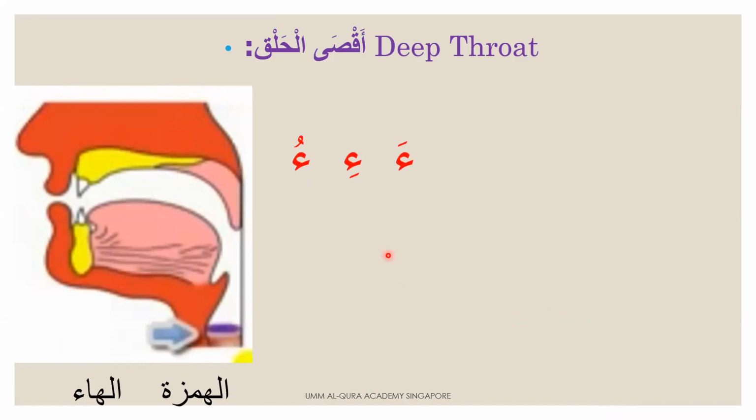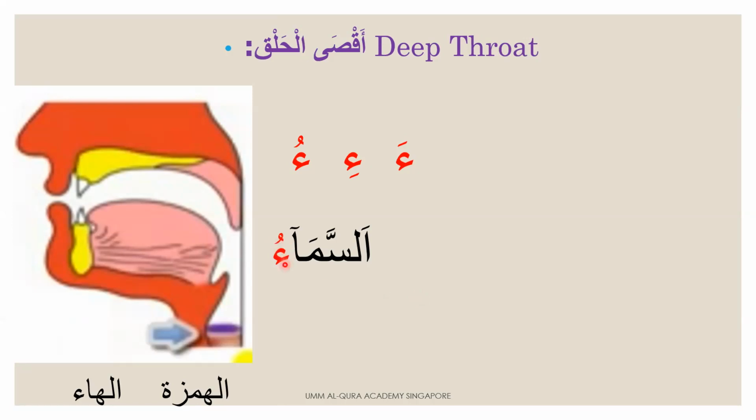To find out a letter's articulation point, we either put a sukun on the letter or a shadda. A sukun means you are stopping on the sound of the letter.